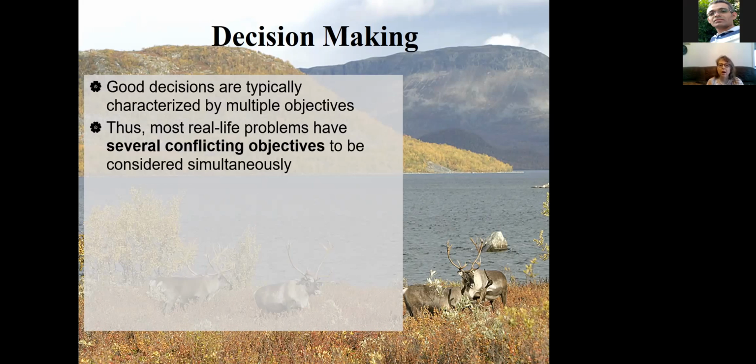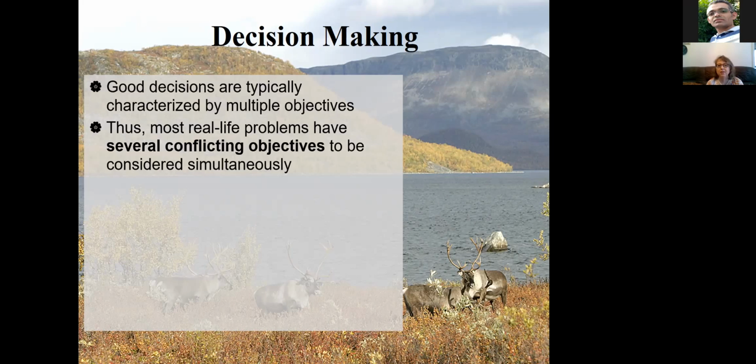There was once a saying that everybody would like to live in one's own house in the middle of the city with all windows facing south. That kind of wish is not possible. We typically need to sacrifice something in order to gain something else, and that's what we mean by conflicting objectives.